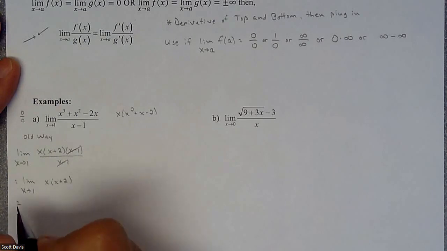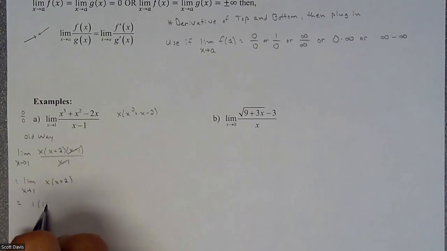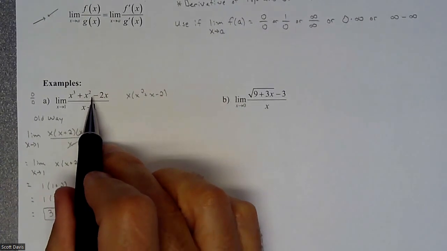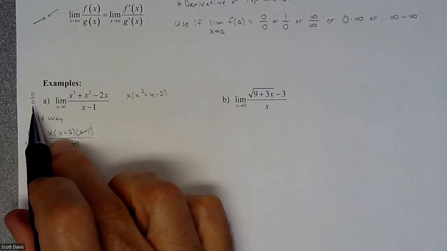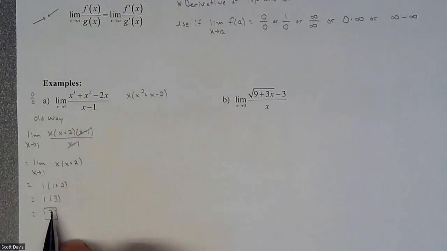Now we're ready to plug it in. We get 1 times 1 plus 2, which is 1 times 3, which is 3. So our limit is 3. If you were to graph that, you would have a hole here. You might not see it on your calculator, but you would be approaching the value of 3.